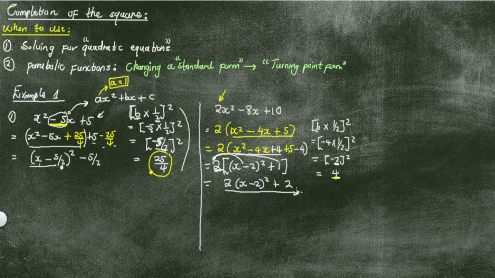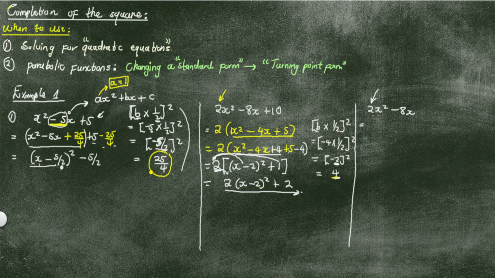So this is the completion of the square for this example. All right, let's grab a third example. So in this example, let's say 2x squared minus 8x. To complete the square, you need to make sure that a is always 1.